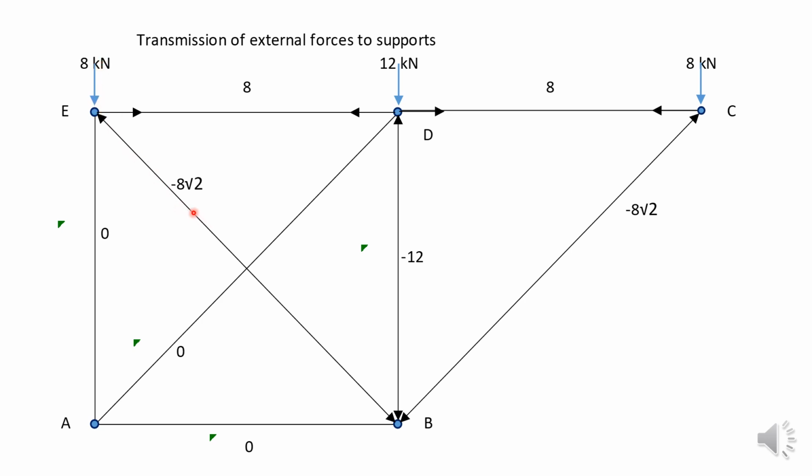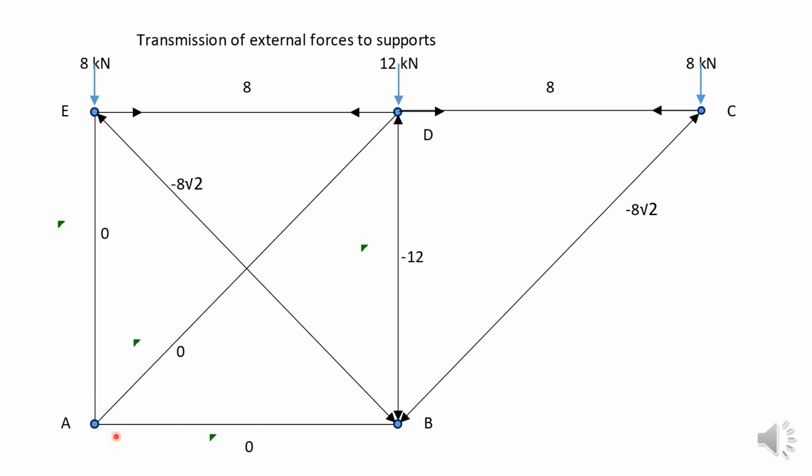So you must have a force in this direction at E coming from this member. So this member BE will be in compression, minus 8 square root of 2 kilonewtons. Of course, you have a roller here at E, so the reaction here will balance the other horizontal components.